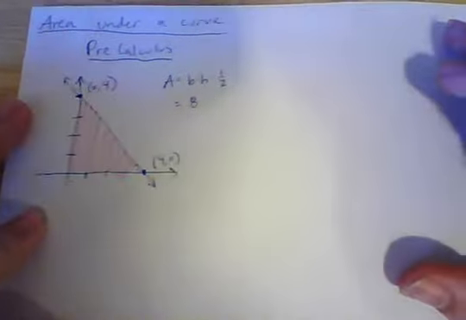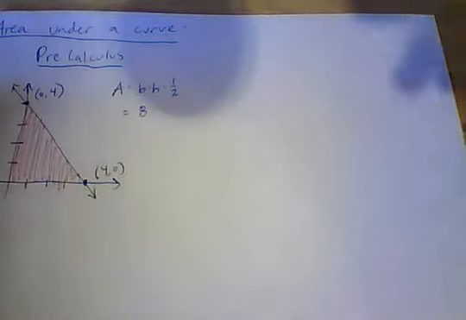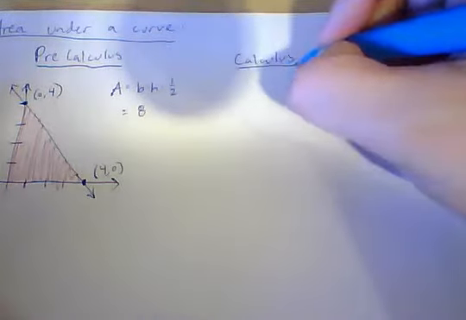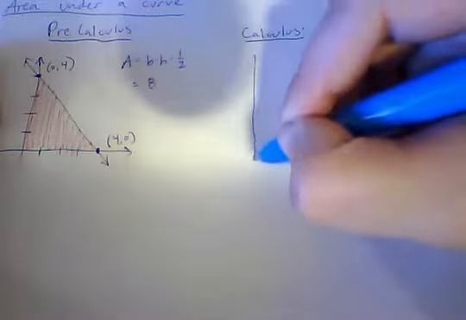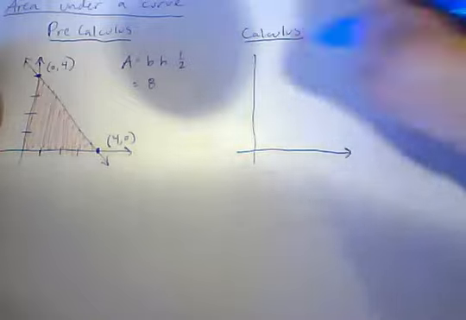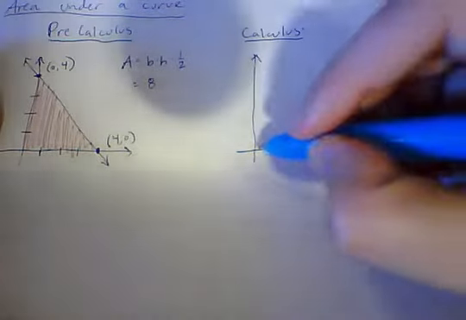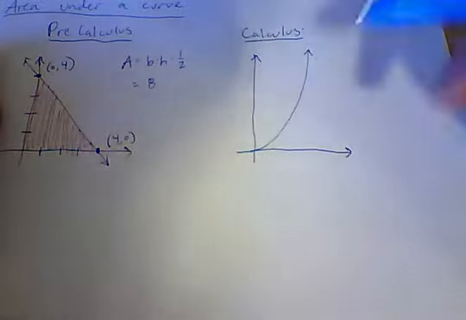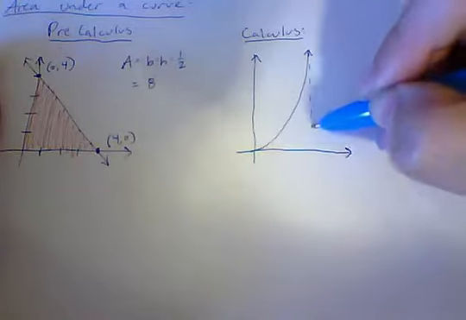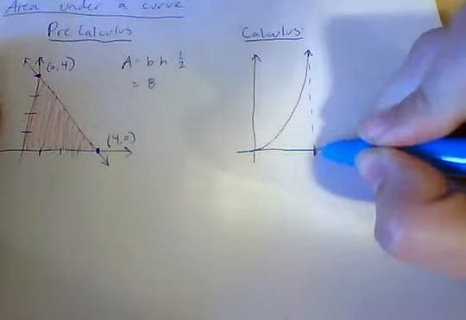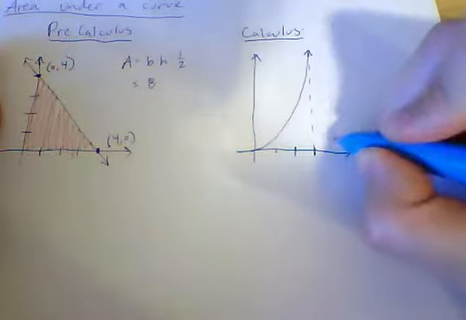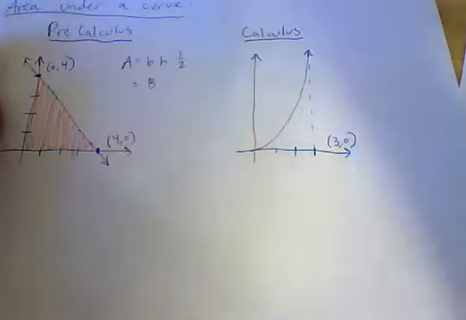However, just like before, what calculus lets us deal with is that non-linear data. So we would have a graph in calculus with something closer to this. Maybe we would have a curve that goes straight up, and we're interested in knowing the area. Let's call this point 3, 0.